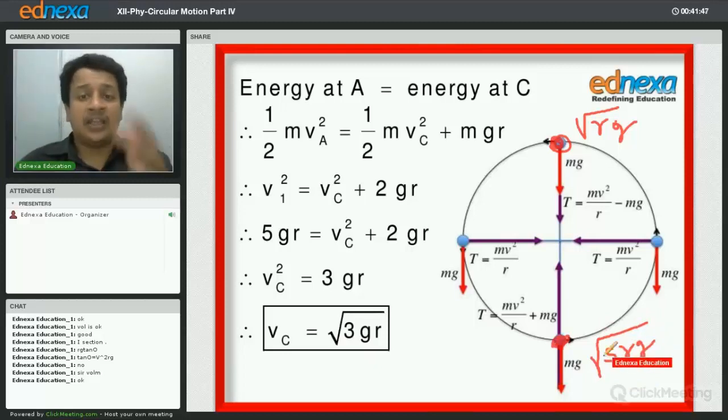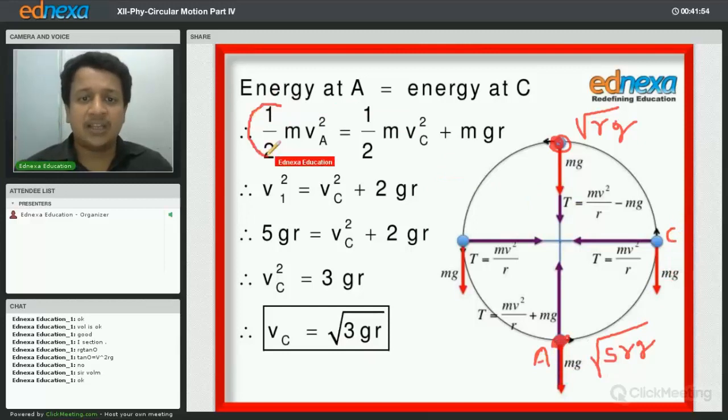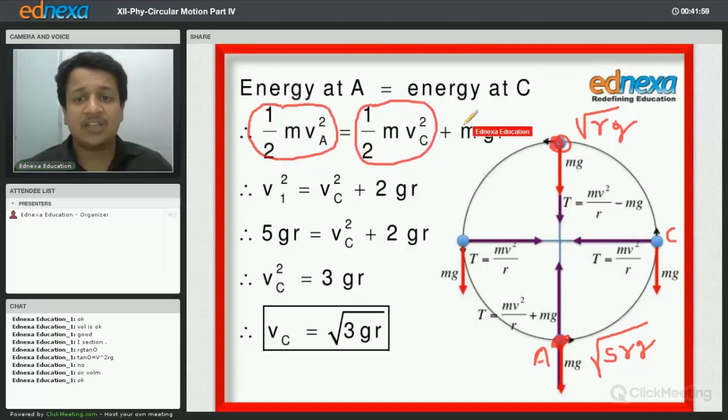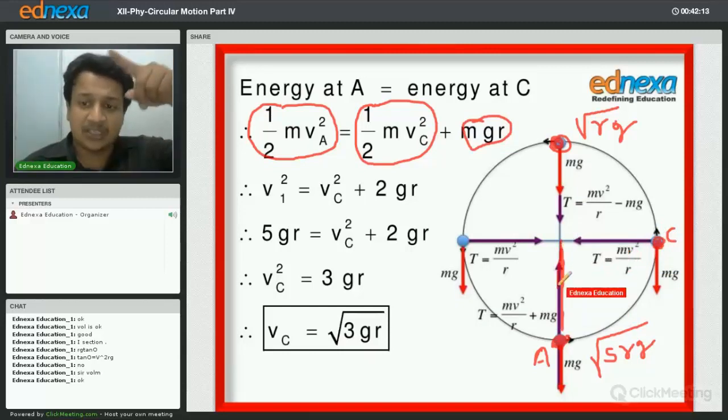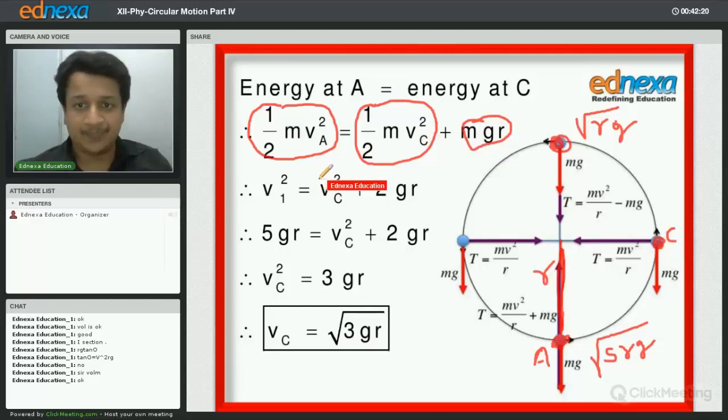So then energy at point A is equal to energy at point C. We discussed only kinetic energy is present, so half mva square is equal to half mvc square, kinetic energy at point C, plus potential energy at point C. Now over here height is how much? Height is r. How? See, object is at C point, no? So this distance is how much? Height means straight line, perpendicular distance. So it is r, radius. Okay. So mgr. Again m we can take outside, it will get cancelled.